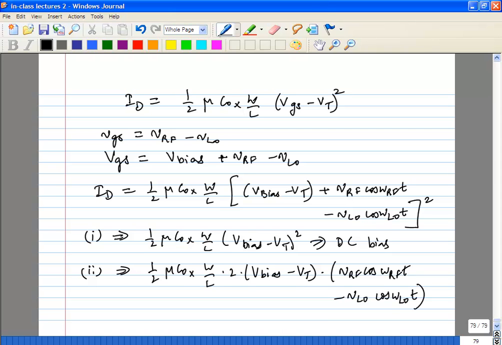So what does this give you? These are all constant terms. So it gives you your RF feedthrough and LO feedthrough to the output. Is that clear?